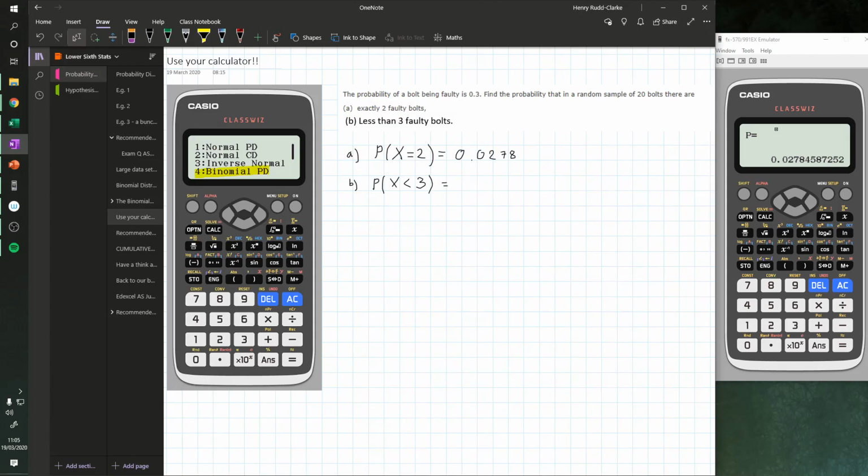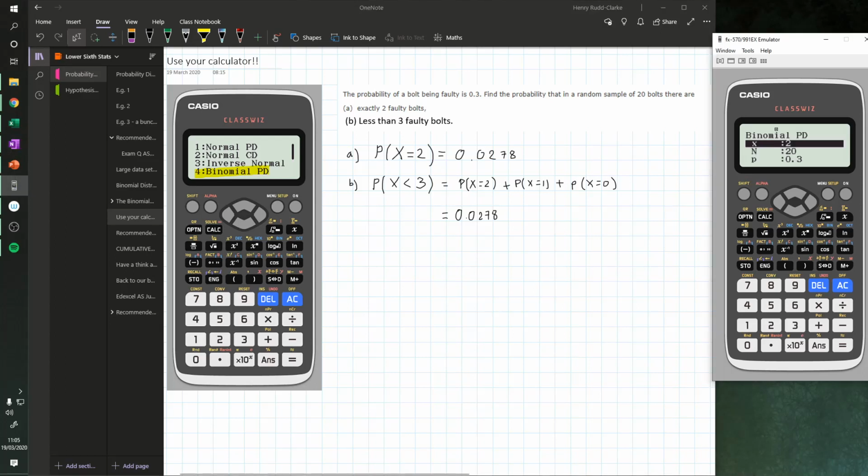So less than 3 would be the probability that x equals 2 plus the probability that x equals 1 plus the probability that x equals 0. 2 we've already worked out, which saved us a little bit of time: 0.0278. And because we're doing it on the calculator, we can do this a lot quicker now.